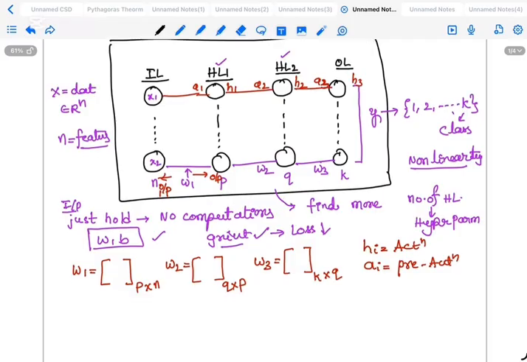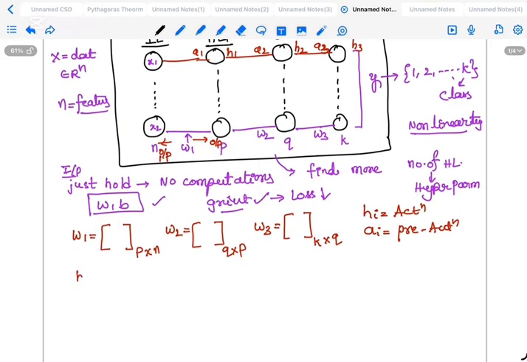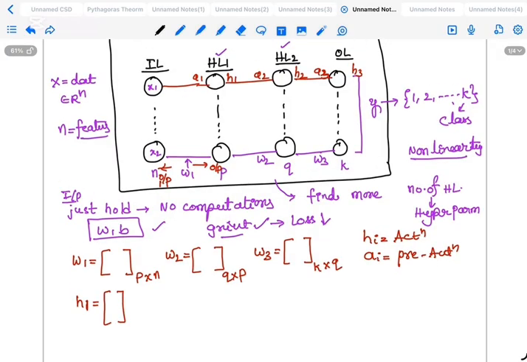What are the sizes of Ai and Hi? H1 size is the number of neurons in hidden layer 1, that is P cross 1. H2 is the number of neurons in hidden layer 2, that is Q cross 1. H3 is the number of neurons in the output layer, that is K cross 1.